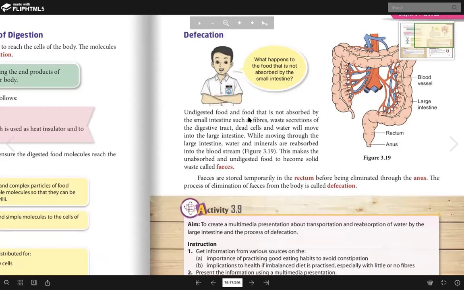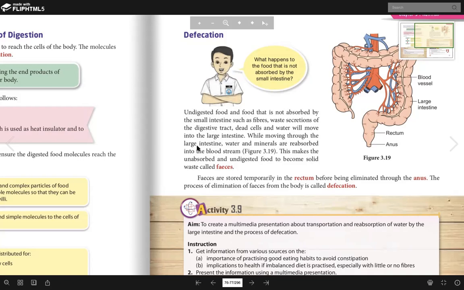Maksudnya sayuran yang awak makan tu sebenarnya dia tidak akan dicerna. Okay. Waste secretion of digested tract, that cell and water, ni excess water, air yang berlebihan, okay, will move into large intestine. Maksudnya benda-benda yang macam ni lah dia akan remain dalam large intestine.